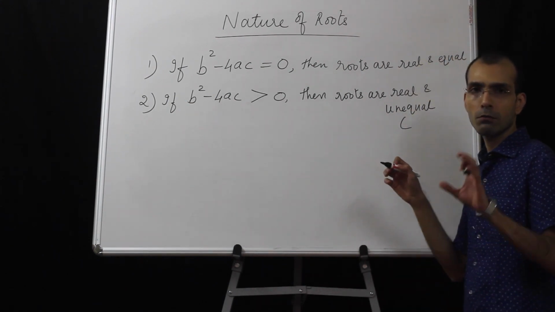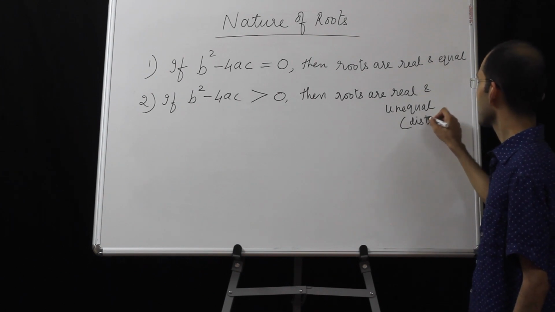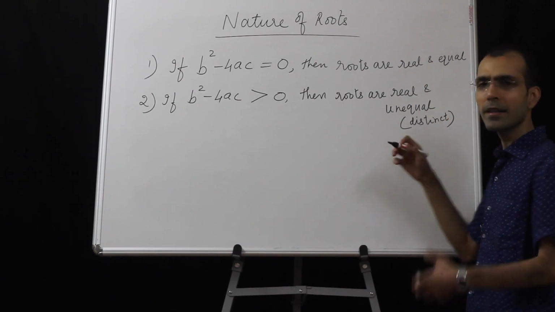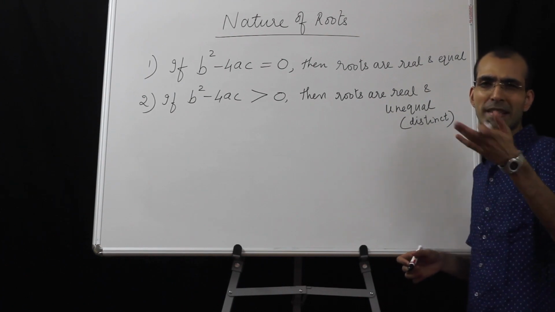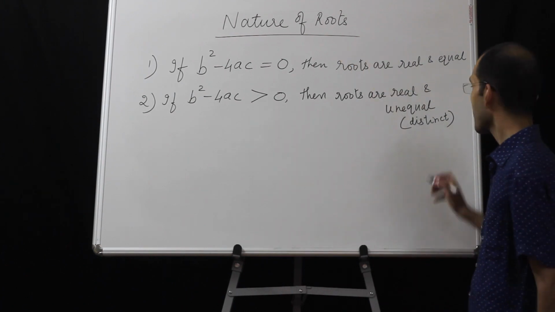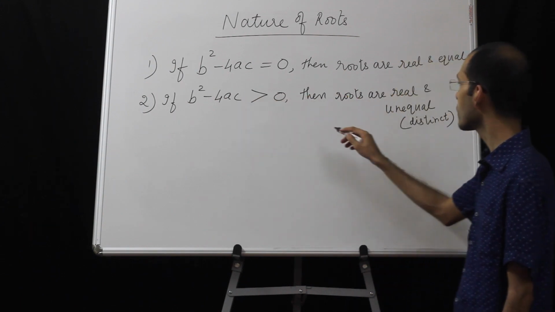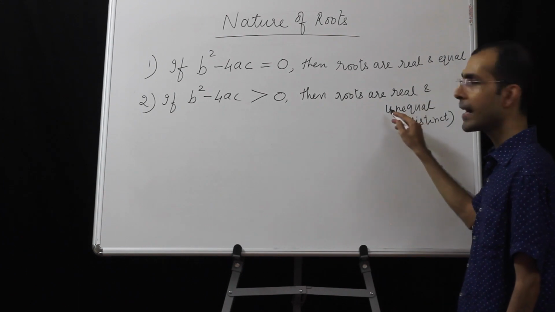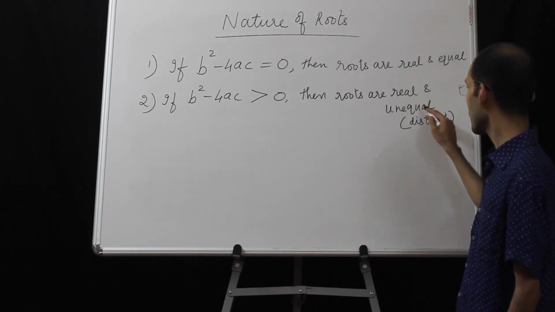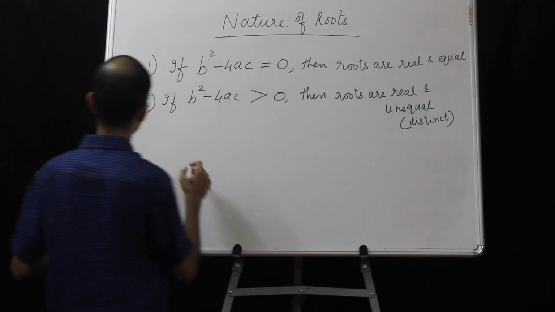Unequal is also, other word is distinct, means different, unequal. Like say one root could be 7, other root could be 9. So they are unequal. So if b square minus 4ac is greater than 0, then roots are real and unequal. So unequal can also be called as distinct. Keep this word in mind.